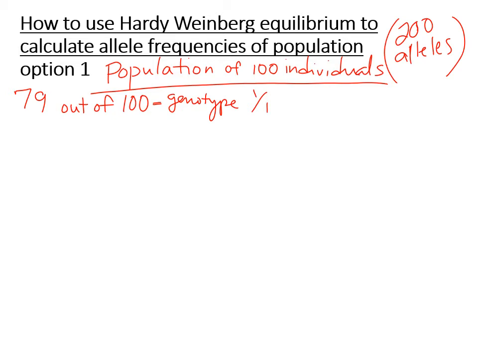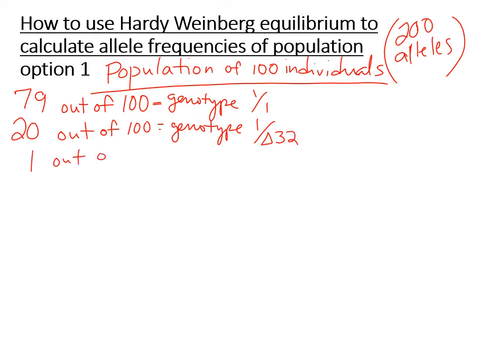This is actually a real genotype I'm going to use for this example. 20 out of 100 have the genotype called 1, delta 32, and only 1 out of 100 has the genotype delta 32, delta 32. This is a very important genotype in the world.